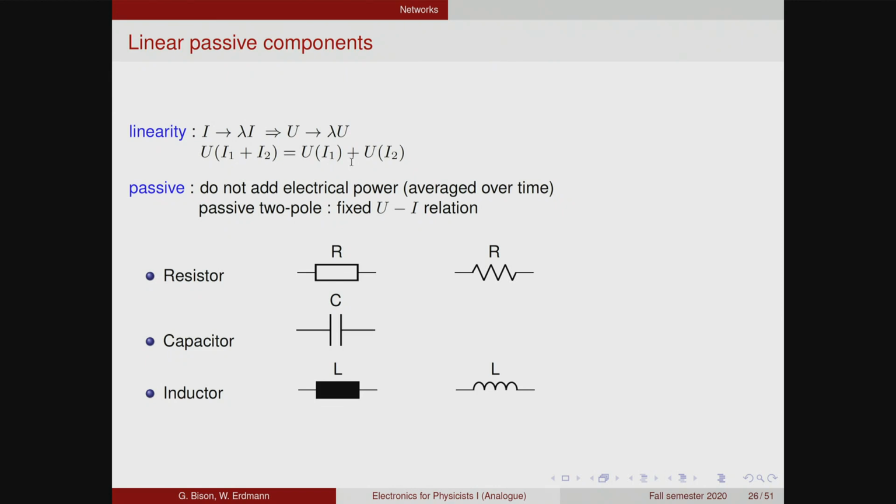That's clear if you think about Ohm's law. If you have a 1 ohm resistor and you want to drive 1 ampere, you need 1 volt. If you want to drive 5 amperes, you need 5 volts. Now we can add the two: if we want to drive 6 amperes, we need 6 volts. So for resistors, it's clear they are linear components. And it's also true for capacitors and inductors.